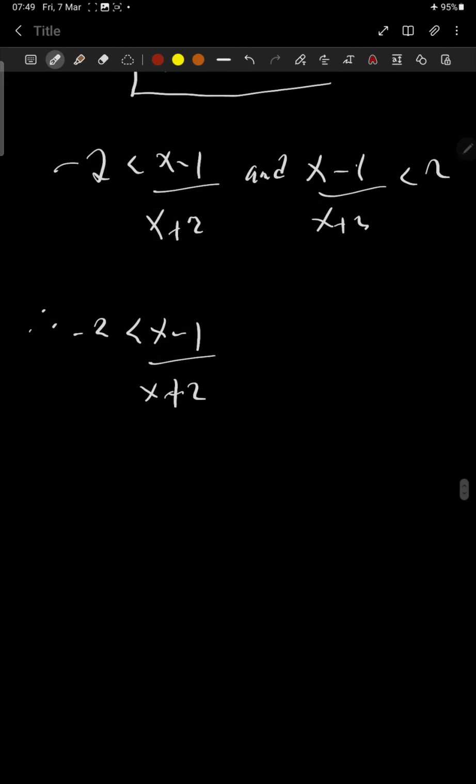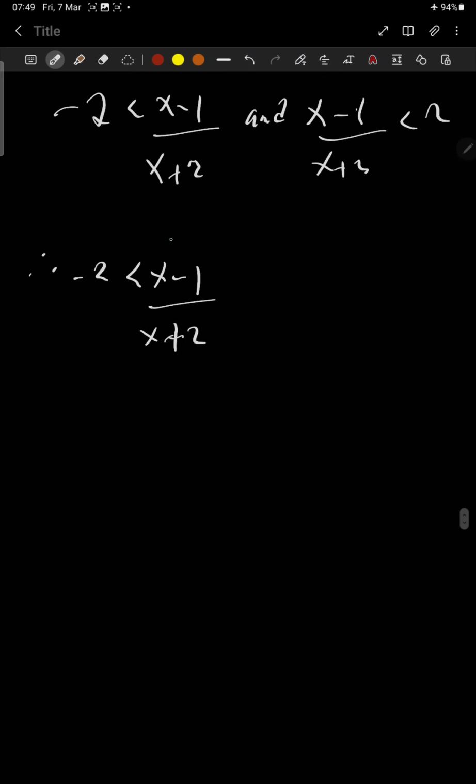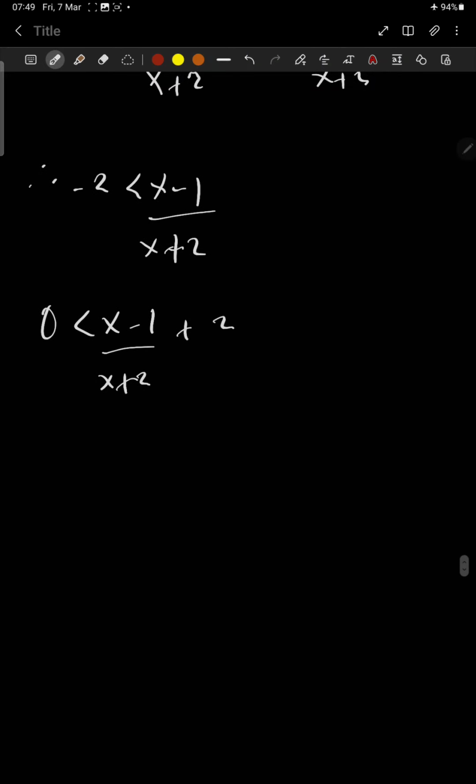Now how do you solve a rational inequality? The first thing is don't cross multiply. So the 2 will just go to the other side: (x minus 1) over (x plus 2) plus 2. Then make it a single fraction.